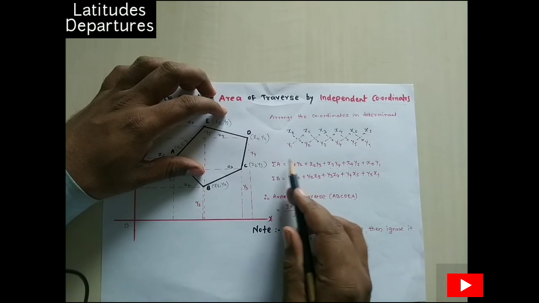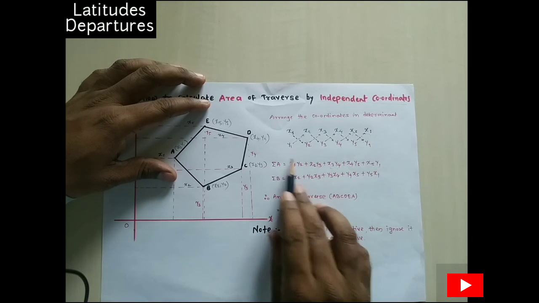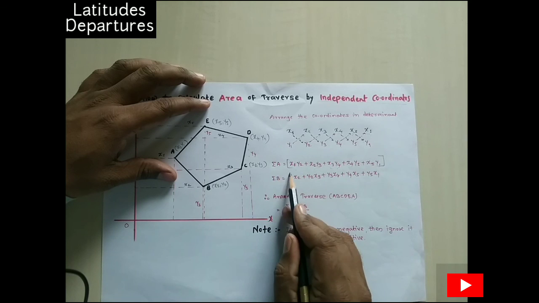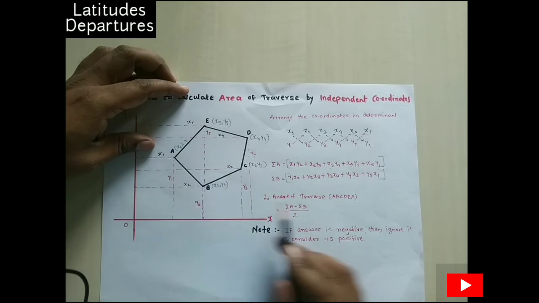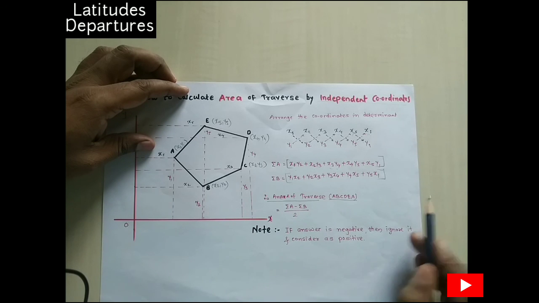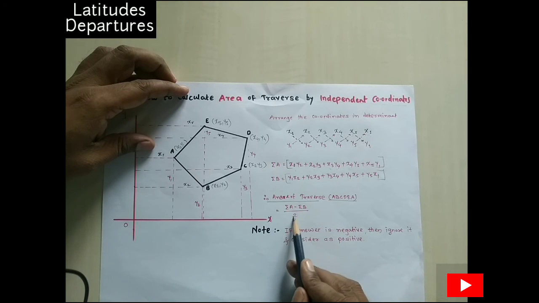Okay. So find the value of summation A by using this term, and summation B by using this term. And if you want the area of the traverse, just use this formula: area of traverse ABCDEA is equal to summation A minus summation B divided by 2.